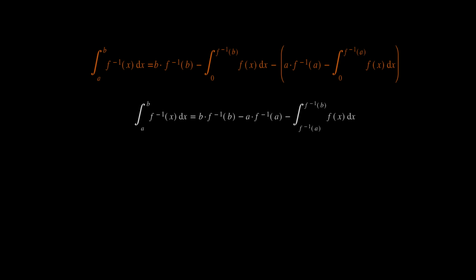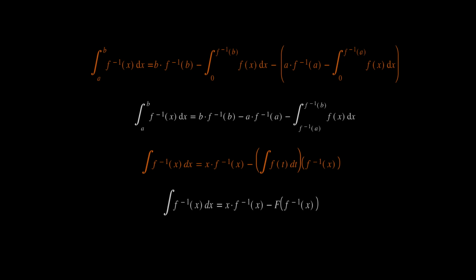It is x times f inverse of x minus the antiderivative of the regular function evaluated at the value f inverse of x, which is just to say that the indefinite integral of f inverse of x dx is equal to x times f inverse of x minus an antiderivative of the regular function evaluated at the inverse function. Well, let's put this knowledge to the test by trying to find the integral of the inverse tangent of x.